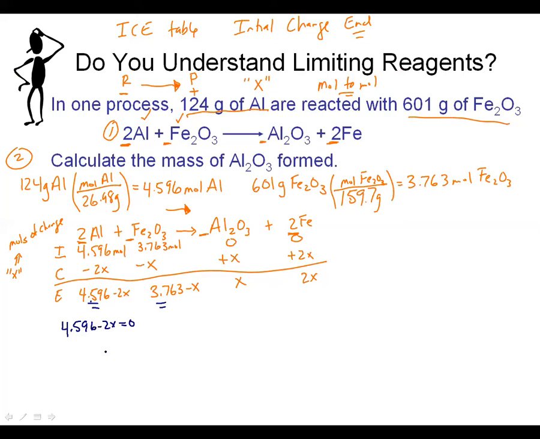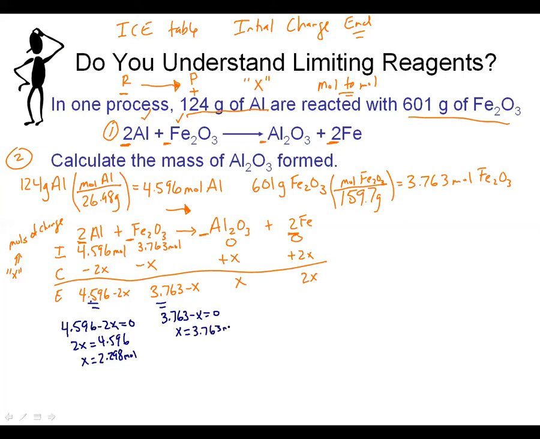When I set that equal to 0, that gives me 2x equals 4.596, and that gives me an x value equal to 2.298 moles. We will also set this one equal to 0: 3.763 minus x equals 0, and pretty much x equals 3.763 moles.